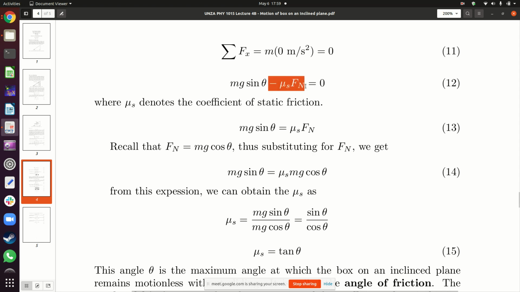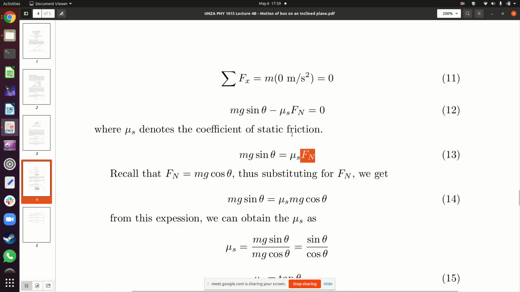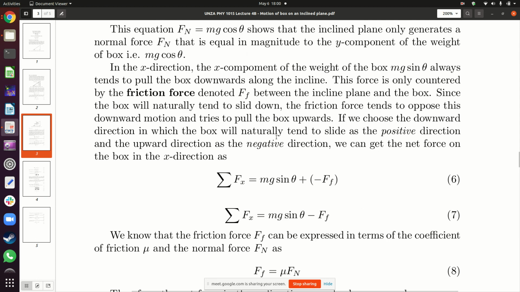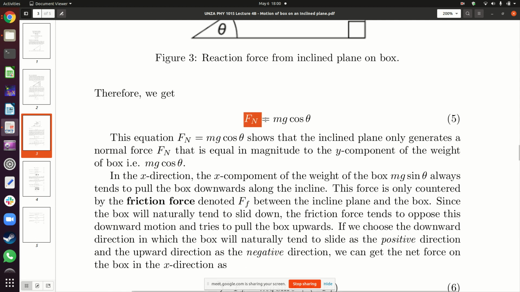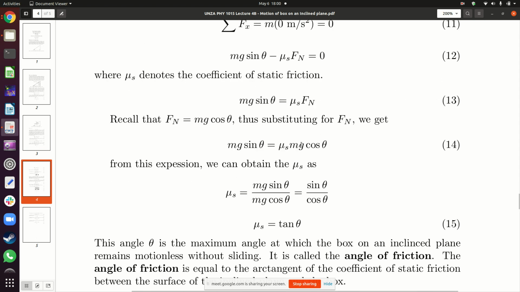I take this part to the other side, and I end up with mg sin theta equals the coefficient of static friction multiplied by the normal force. But I've already found an expression for the normal force at the beginning: the normal force, Fn, is equal to mg cos theta. So I substitute that here, and I end up with mg sin theta equals the coefficient of static friction multiplied by mg cos theta.